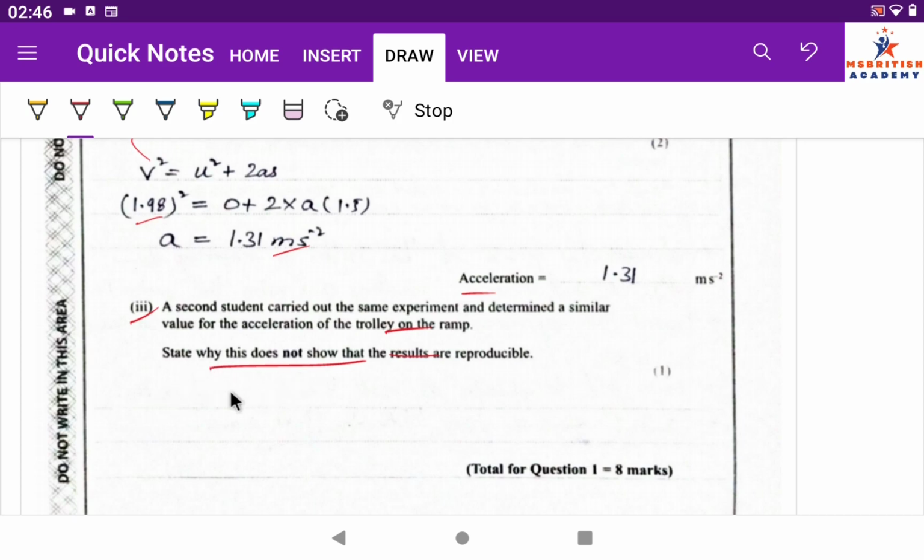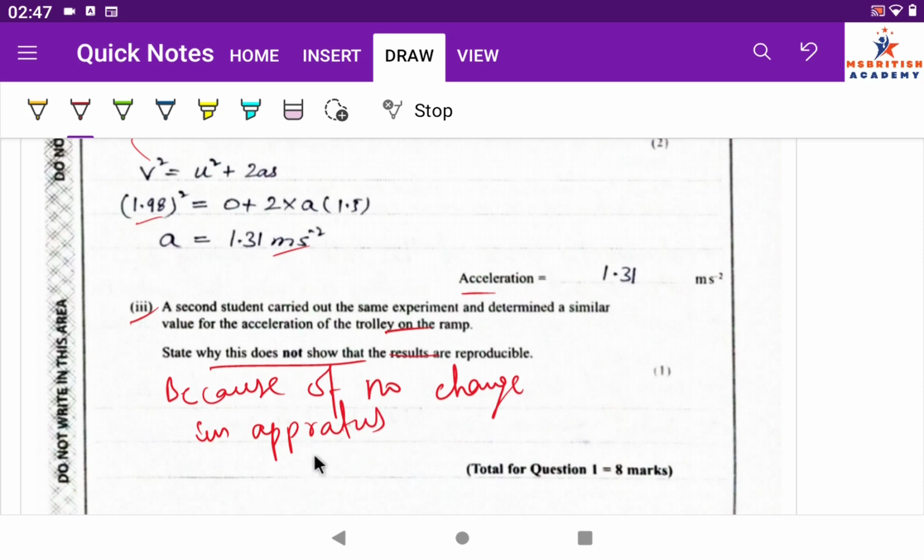So you can write: because of no change in apparatus.